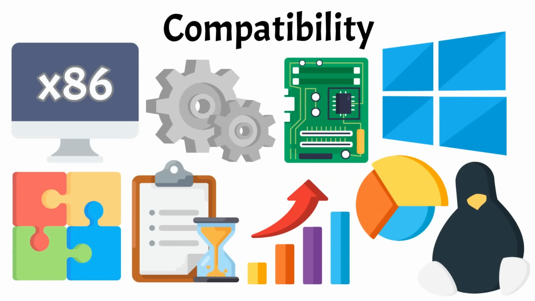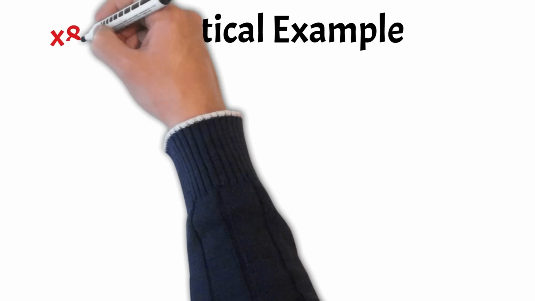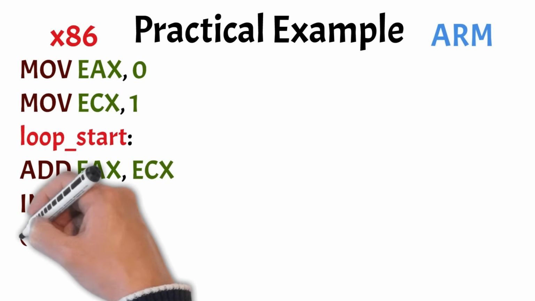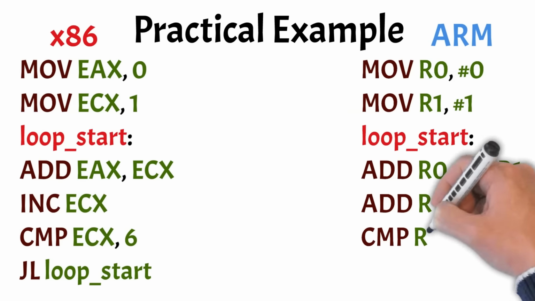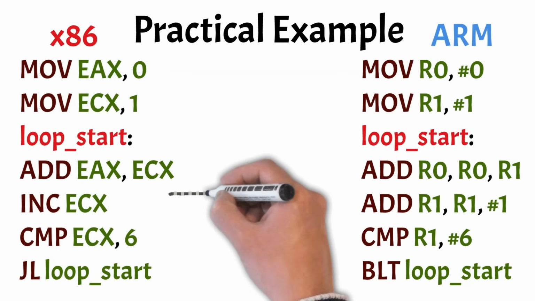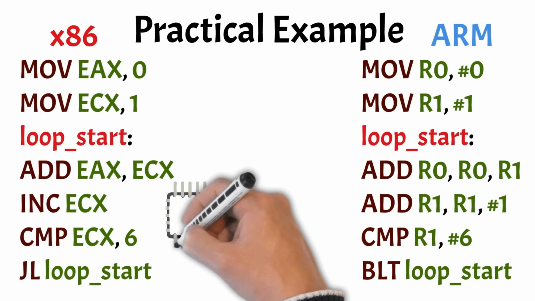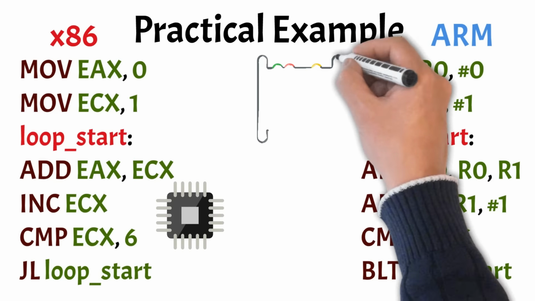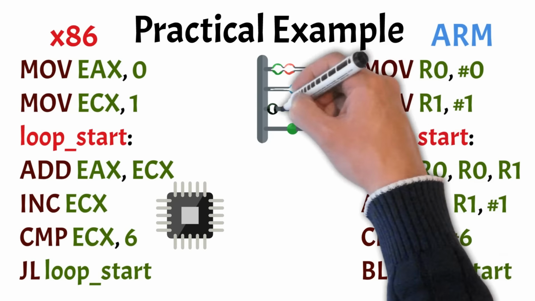While ARM's ecosystem is expanding, x86 remains the more universally compatible architecture, especially for users relying on a diverse range of software and hardware. Now, let's compare x86 and ARM with a simple example. Here is a short snippet that adds numbers from 1 to 5 and stores the result in a register. While both snippets achieve the same goal, there are key differences in how each architecture structures the instructions. x86 has a dedicated inc instruction for increment, whereas ARM does not, requiring an add operation instead.